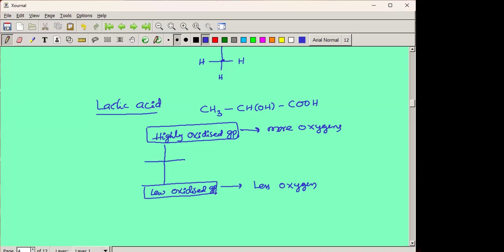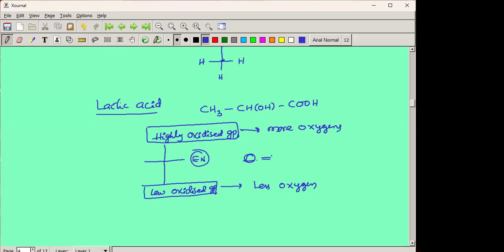In the case of horizontal lines, the more electronegative atom group, if represented on the right side, indicates the D configuration. If the more electronegative atom group is represented on the left side, it indicates the L configuration.